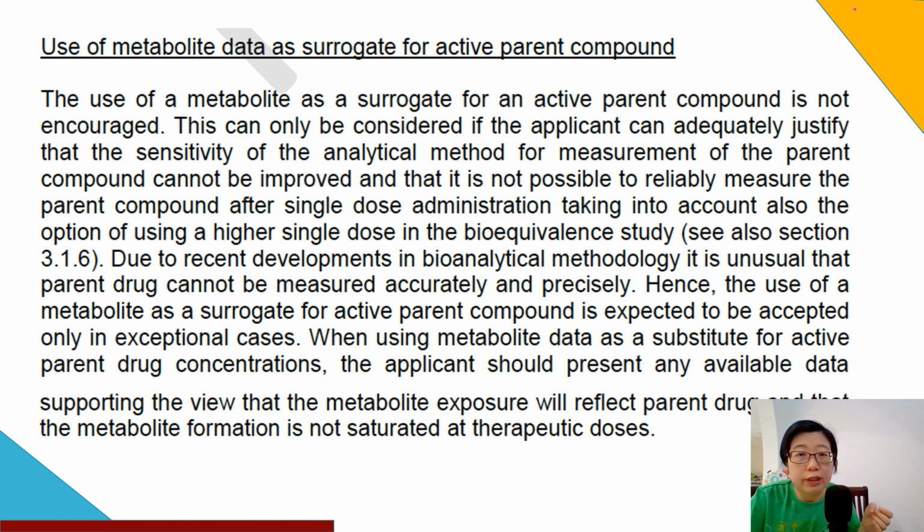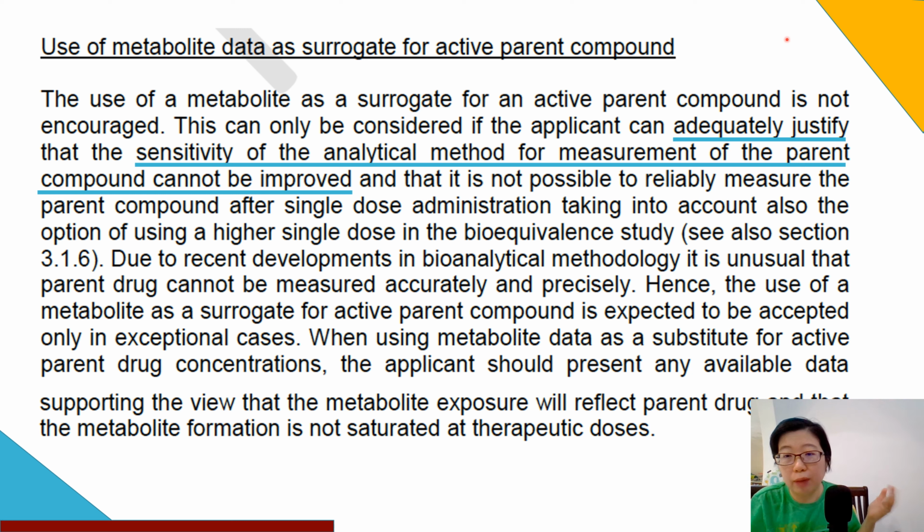So in this case, another circumstance whereby we need to use the metabolite data is because the sensitivity of the analytical method for the parent compound just cannot reach a good enough detectable level. So therefore, we have to use the metabolite data. Right, so again, if we are not using the parent compound as the main marker that you're measuring for the concentration, you have to show proof that this is the only way that we can do it, right?